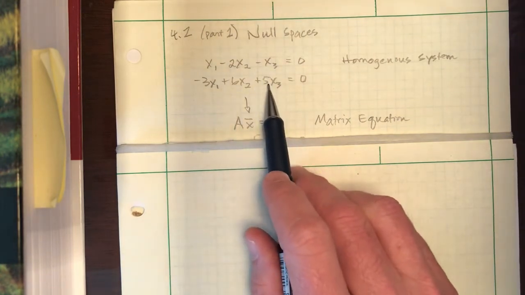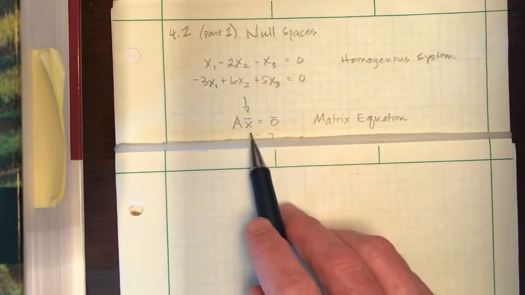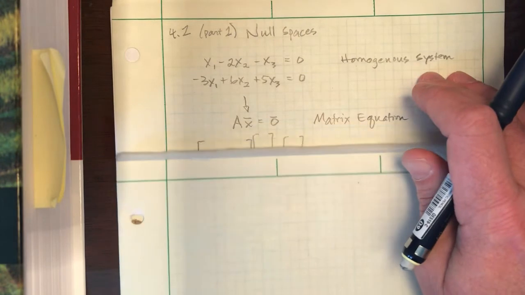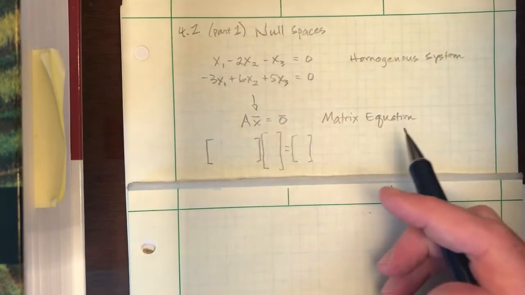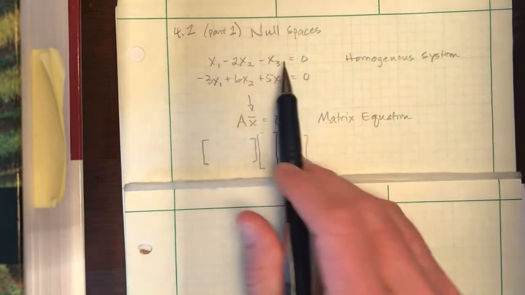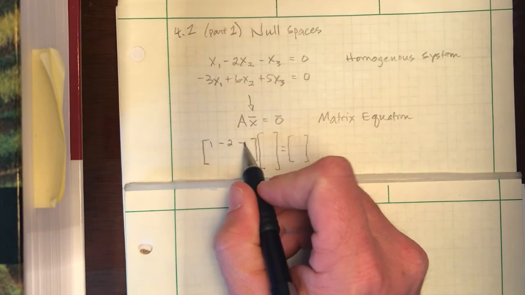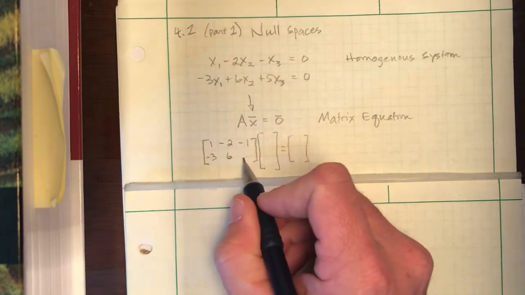So we've got this system of 2 equations. What's the matrix lurking in here? What does x look like? And what does the 0 vector look like? Well, the matrix itself is pretty much laid out the way we see it up here. We've got 1, -2, -1, -3, 6, and 5.